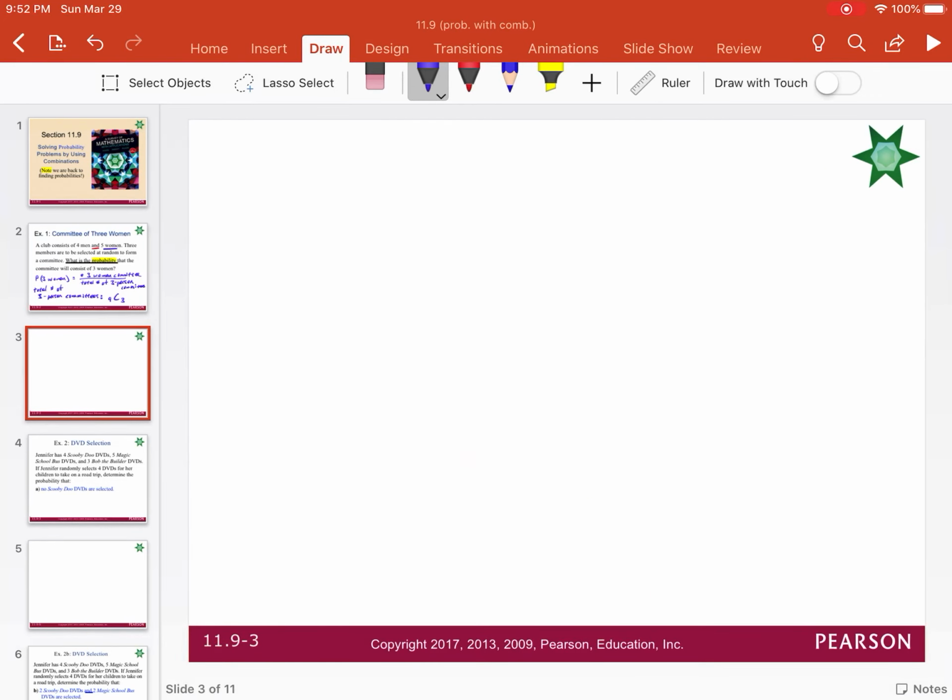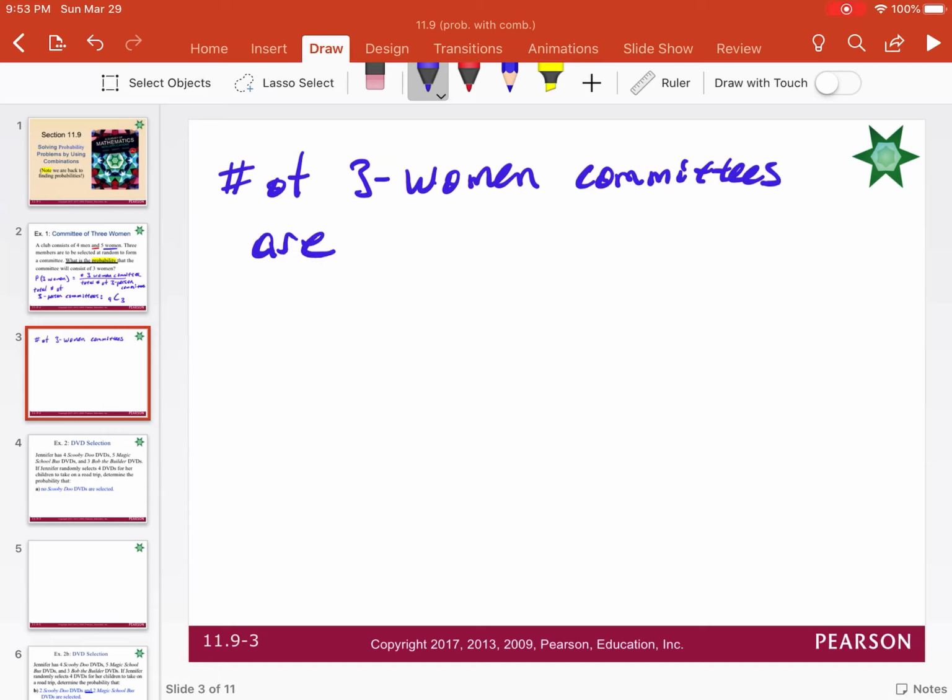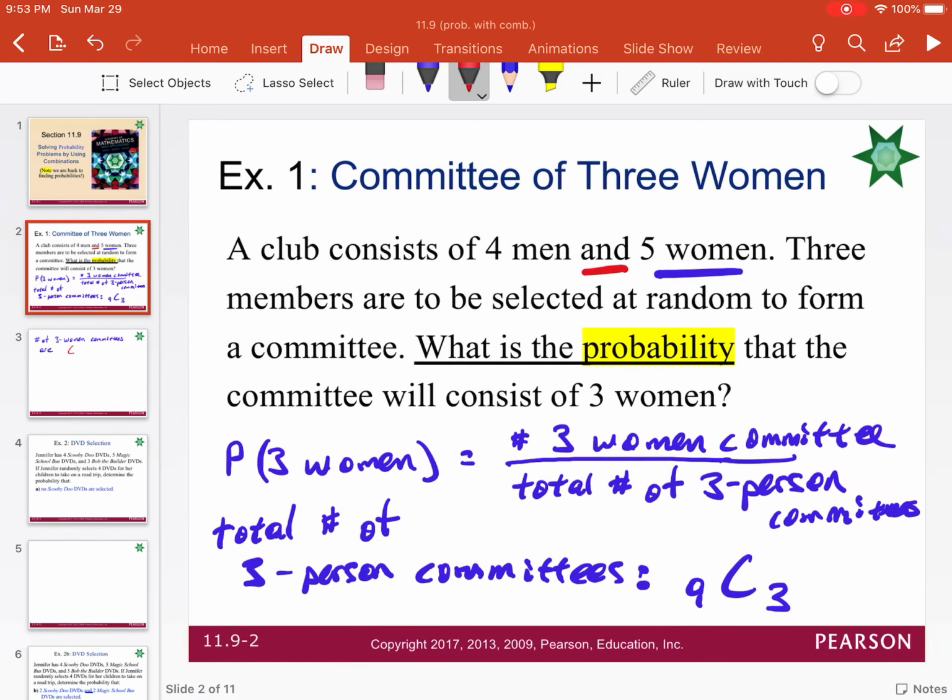So, the number of 3 women committees are going to be a combination. How many women were there? You can actually just look back. 5.